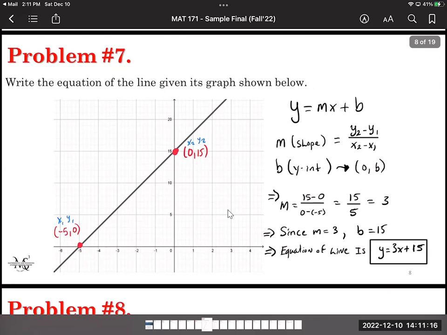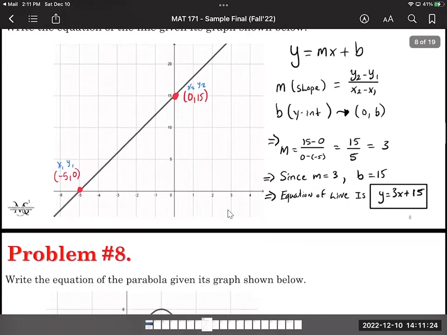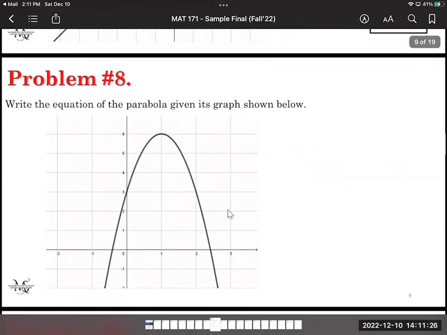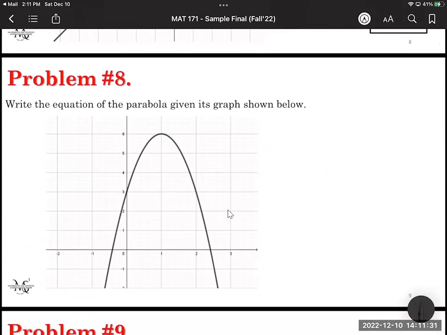All right, so problem number 7 was writing the equation of the line given a graph. Now in problem number 8, we're going to be writing the equation of the parabola given its graph. When you're writing out the equation of the parabola, you can do this using the alternate form. The standard form for parabolas is usually q of x, q standing for quadratic here, q of x equals ax squared plus bx plus c.